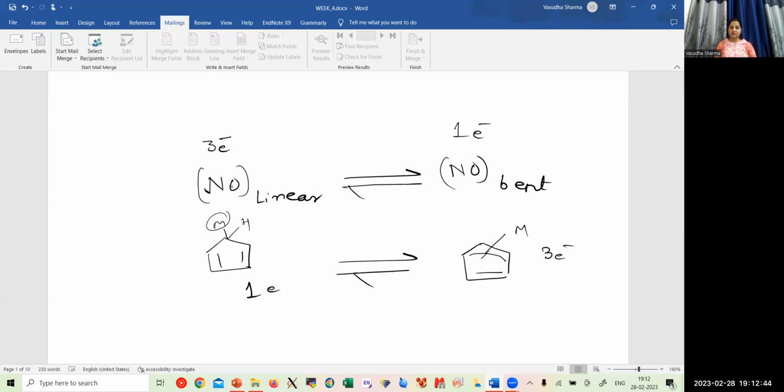So this is called the fluxional behavior that occurs. So for the isoelectronic species, the fluxionality is happening at room temperature.